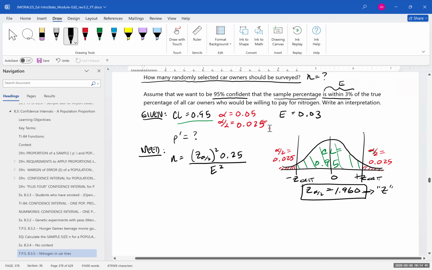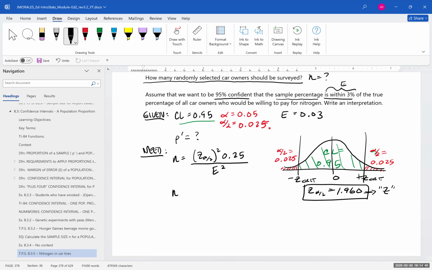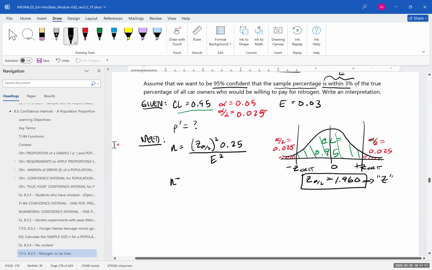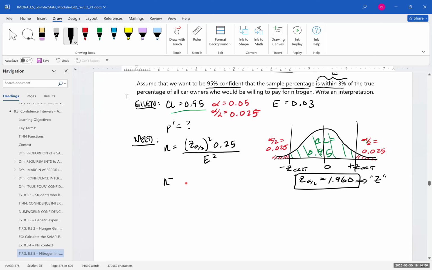Sorry, the screen jumped around a little. Okay, so we're going to have 1.96 approximately squared times 0.25 all over 0.03 squared.